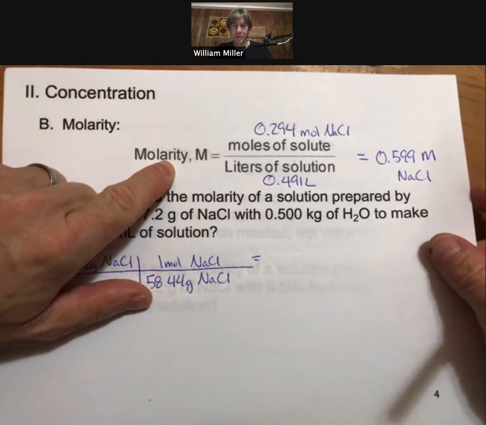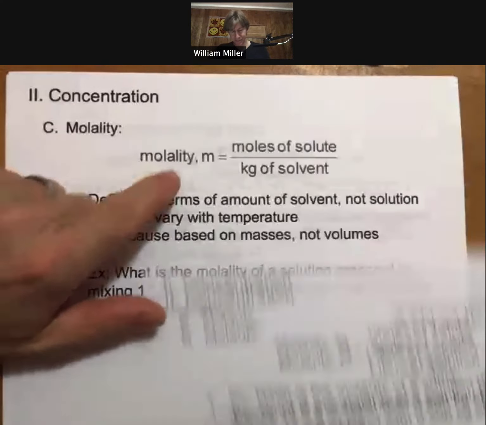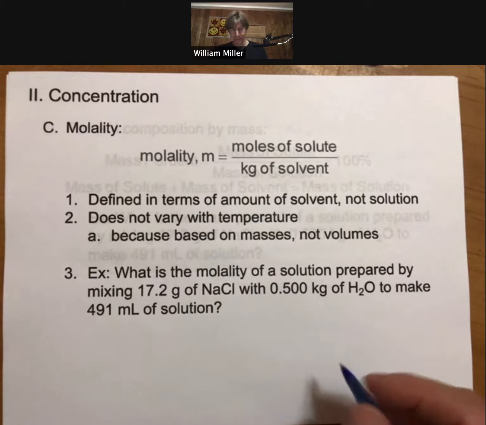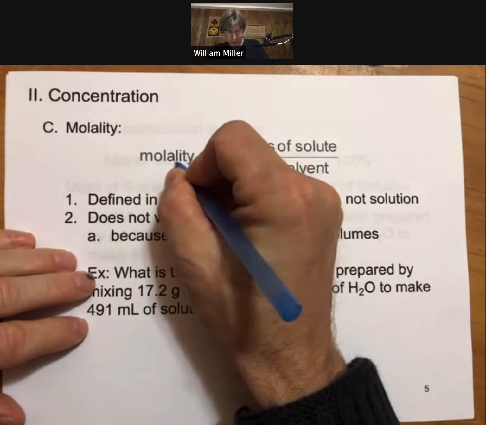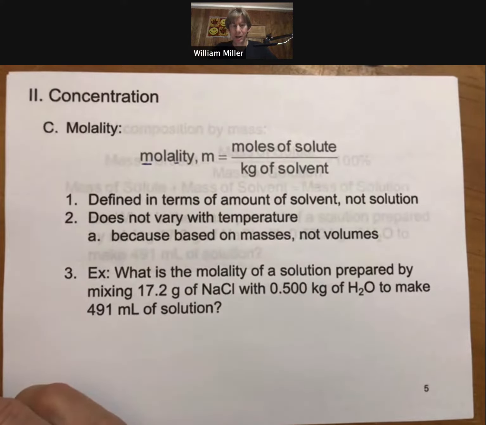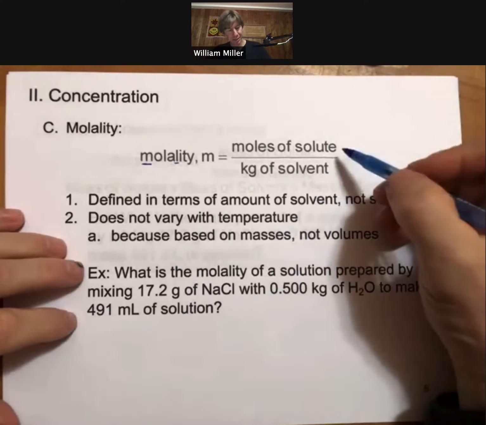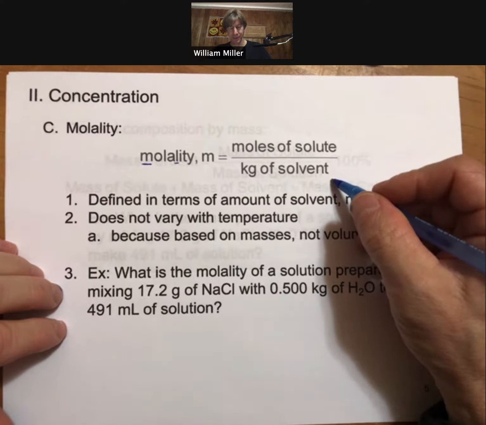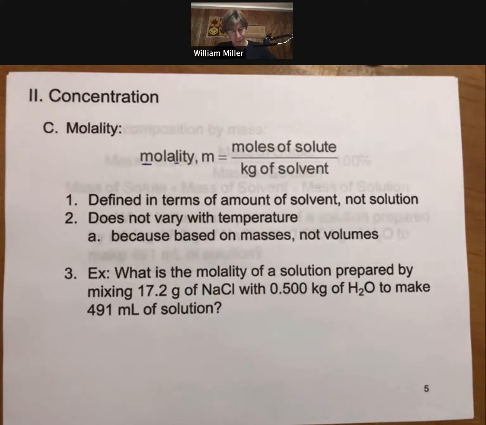Watch as I do chemistry magic. I'm going to turn that R into an L, believe it or not. Our other unit is molality, and not only did I turn that R into an L, but I also turned that capital M for molarity into a lowercase m for molality. It is defined as moles of solute over kilograms of solvent, in terms of amount of solvent, not solution.